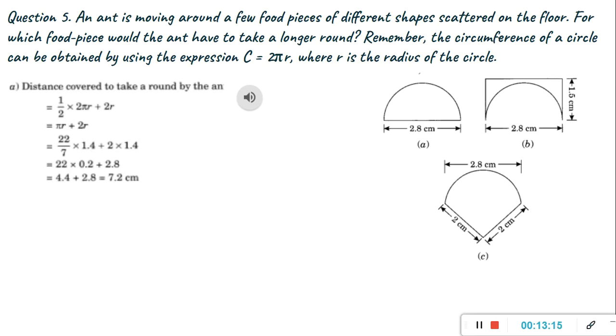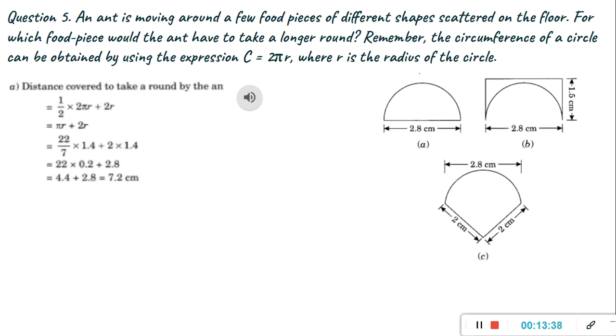Same way, figure 2. In figure 2 we can see that three sides' lengths are given, right? One side 1.5 centimeter, another side 2.8 centimeter, and the third side also 1.5 centimeter. Plus we have to find the semicircle's perimeter, right?